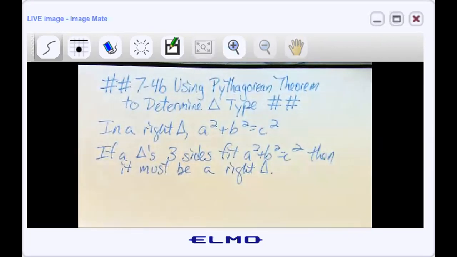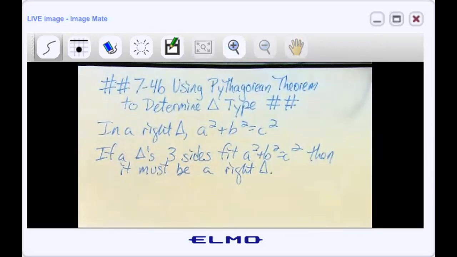Those were lessons that we did, I don't know, last week, 2 weeks ago. Remember that we took three sides of a triangle and tested to see if it really is a right triangle or not. Sometimes it worked. Sometimes a squared plus b squared really was c squared, and then I knew I had a right triangle.